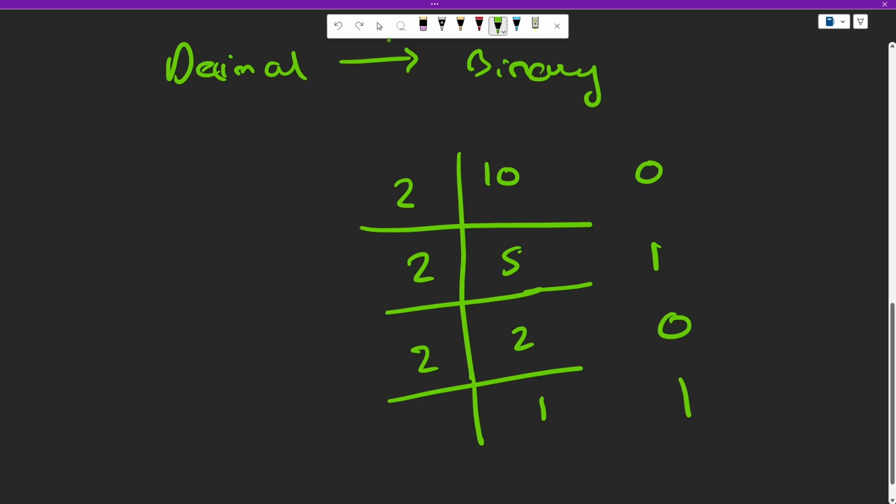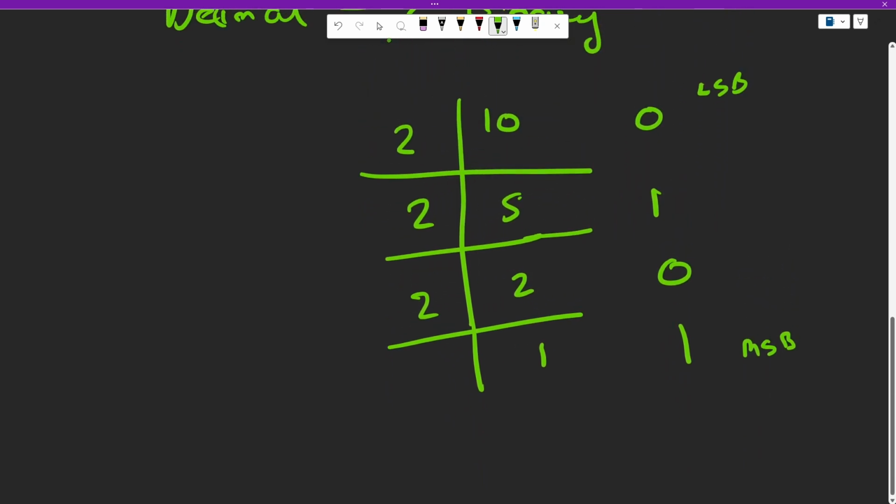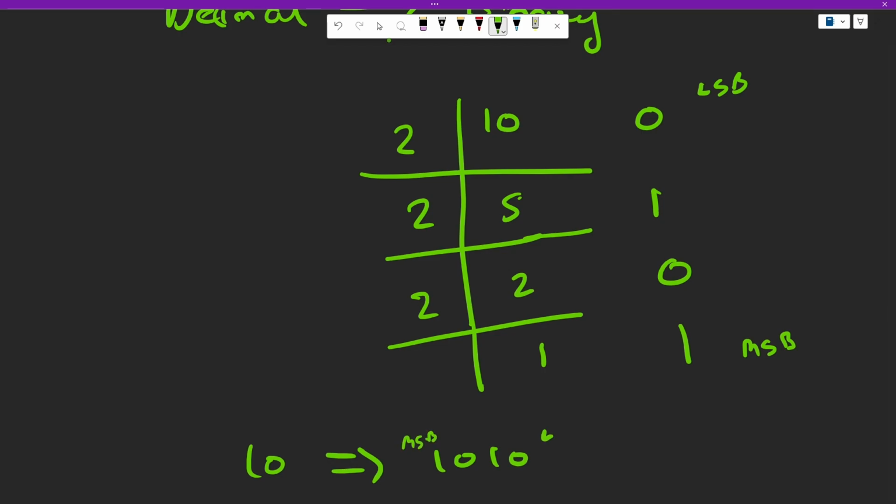So the 1 here is the most significant bit, and the 0 here is the least significant bit. We got 1010. So 10 will be represented as 1010, with 1 as the most significant bit and 0 as the least significant bit.